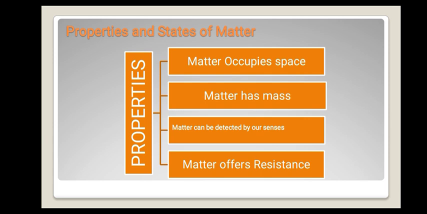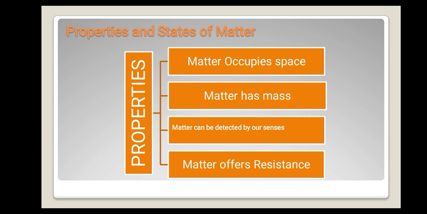When two balloons of the same size are inflated equally and tied to a straight rod or a scale, the scale remains straight. When one of the balloons is deflated, the scale tilts toward the inflated balloon. That is because the inflated balloon has more mass than the deflated balloon. That simply means matter has mass, that air contains mass.